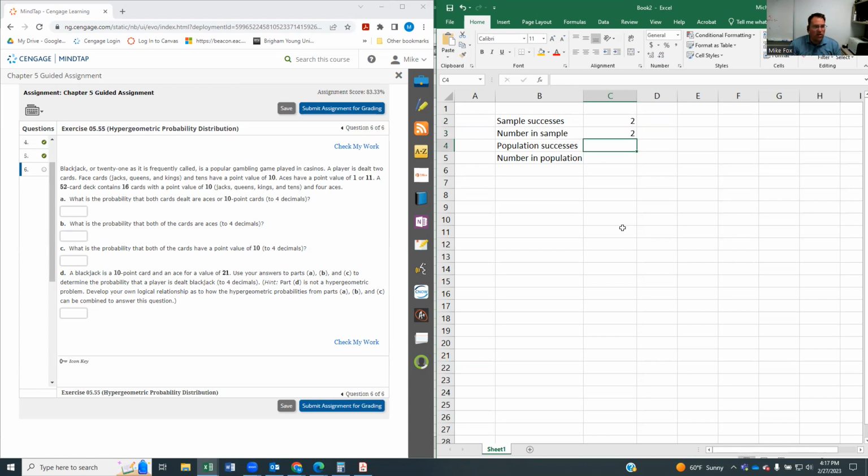And right now we're defining successes as any card that's a 10 or an ace. So the number of cards that are a success in the population are the 16 10s plus the 4 aces, or 20. So there's 20 potential successes in the population. And then the number of cards in the total population is 52.